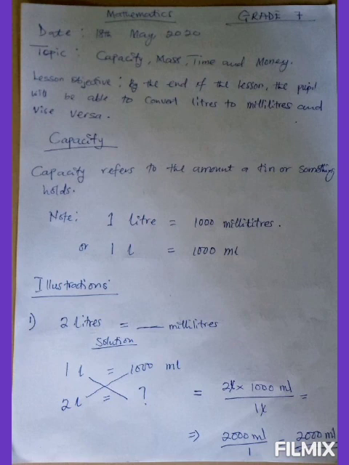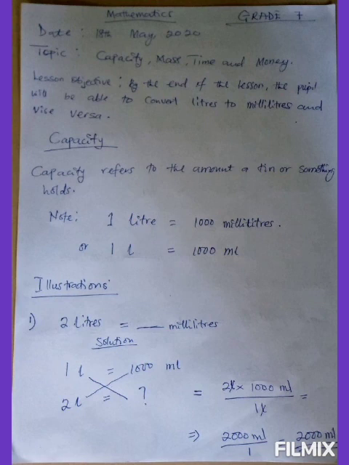Now, let's take note. We are saying that 1 liter is equal to 1,000 milliliters. So therefore, if we take, let's say, a container of oil which is 1 liter, when we are measuring it in milliliters, we will get it in thousands. So 1,000 milliliters is equal to 1 liter.